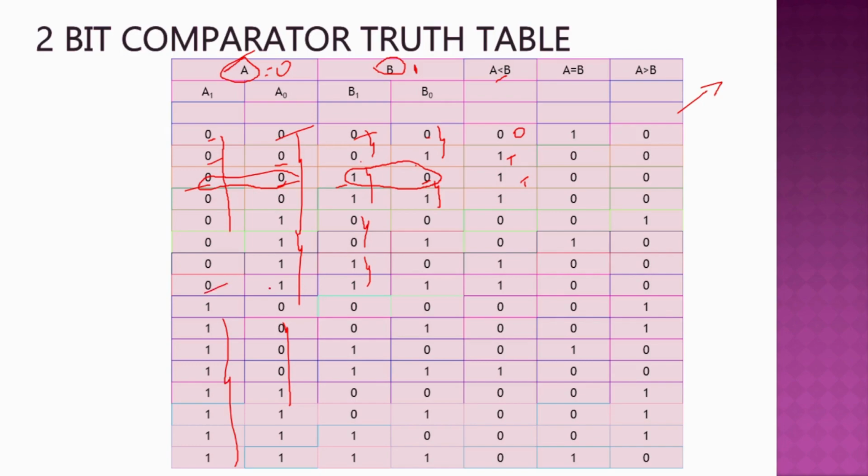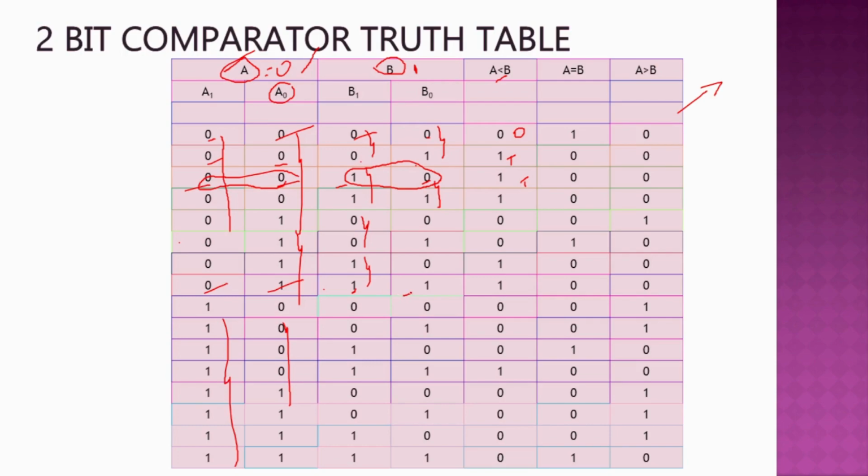Take the row where A1 is 0, A0 is 1, and B1 is 1 and B0 is 1. First of all, if we add these numbers, we have only one of the A values as 1, while here we have two B input values as 1.